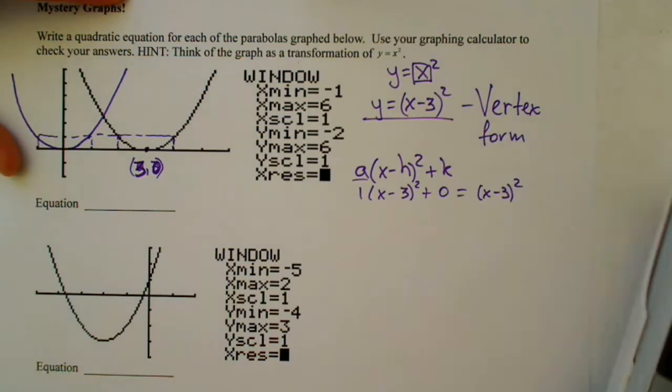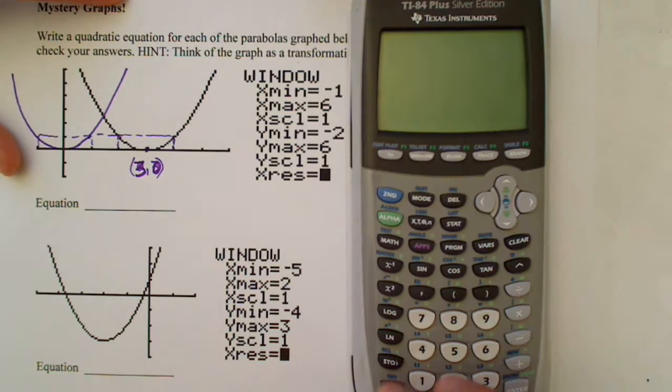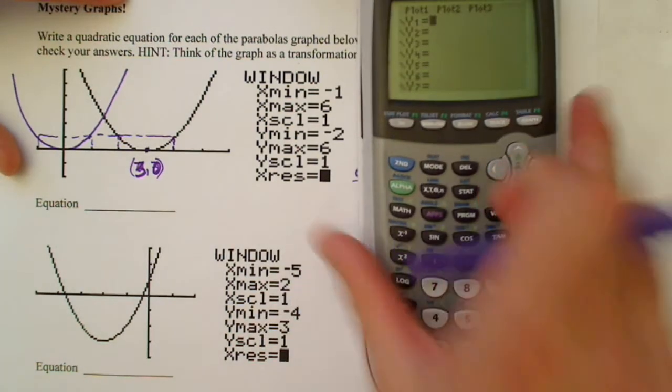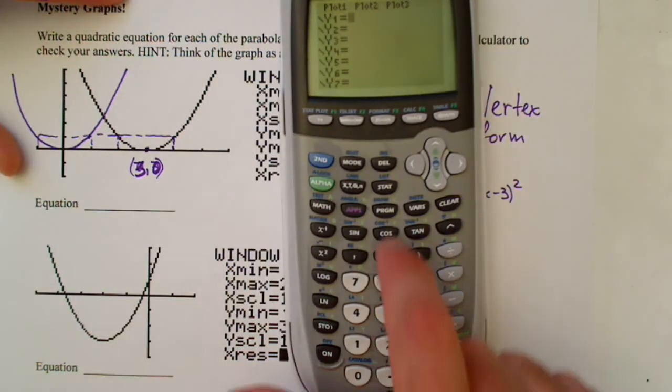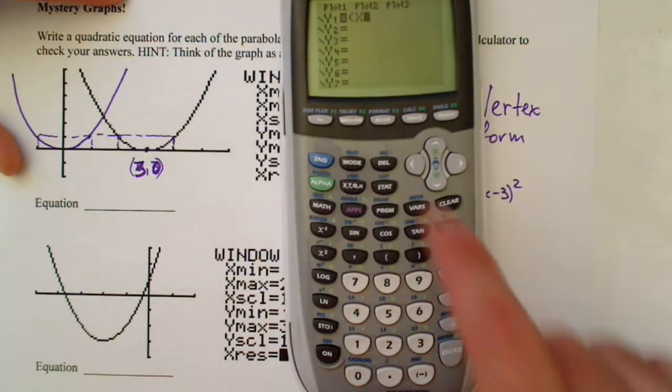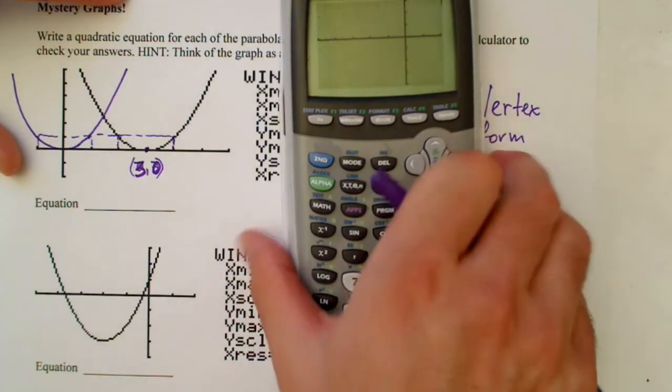Now to check if our answer is right, let's graph it on the calculator, using y equals (x minus 3) squared. Graph it.